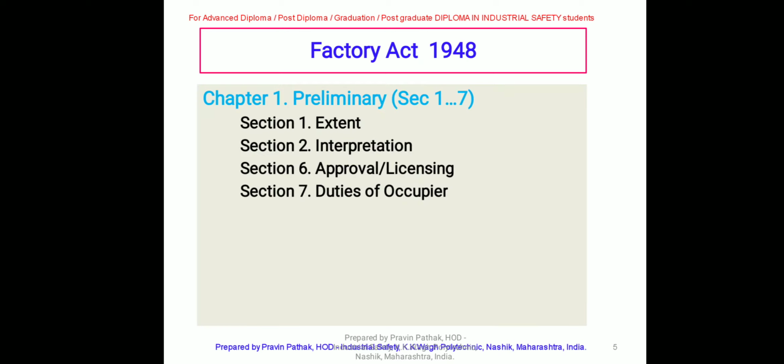In the Factory Act 1948, there are 11 chapters, 120 sections and 4 schedules.